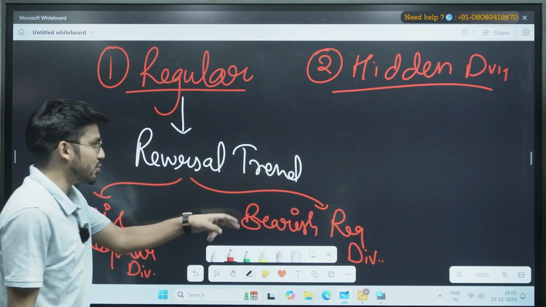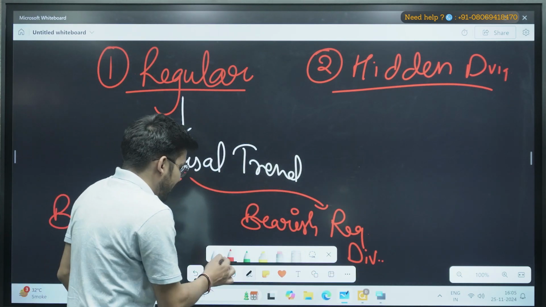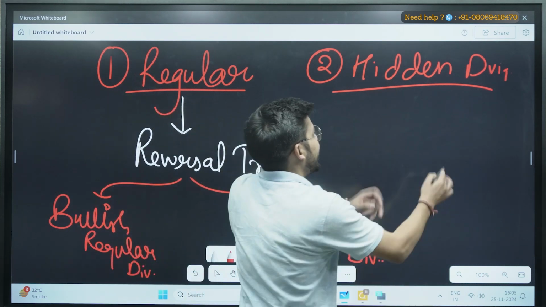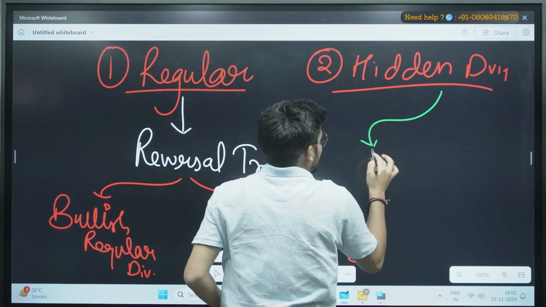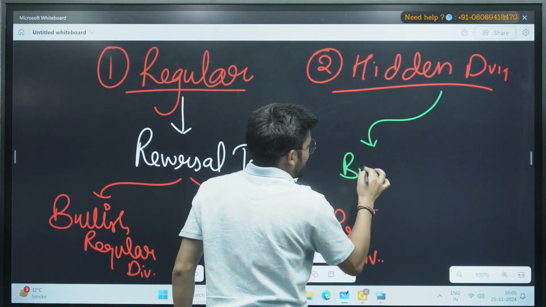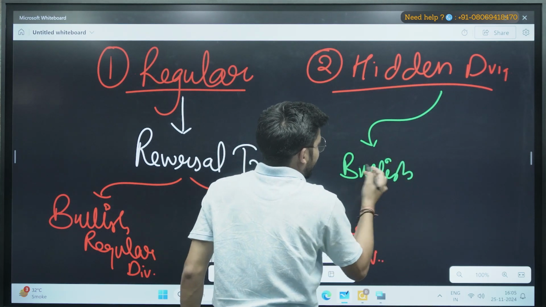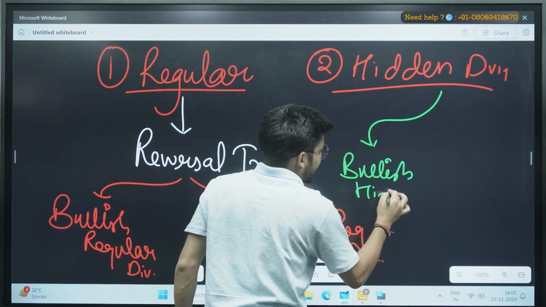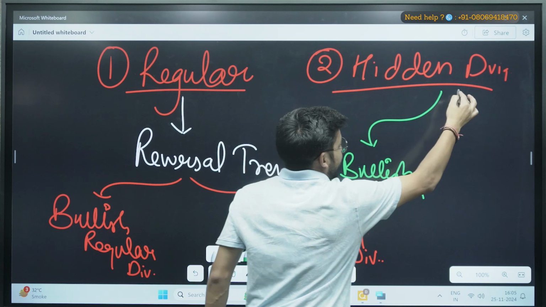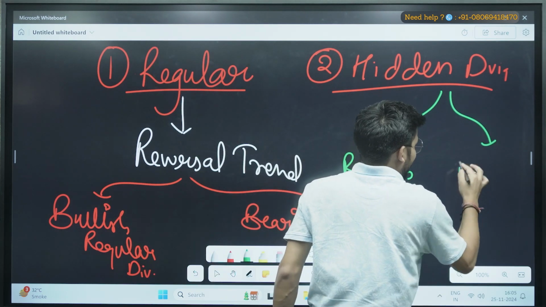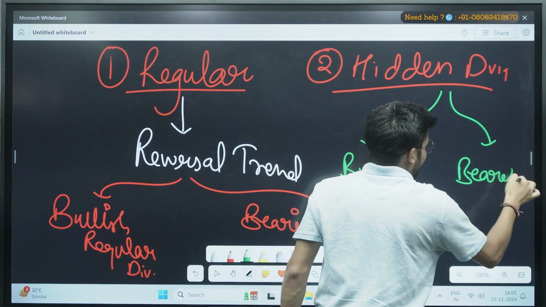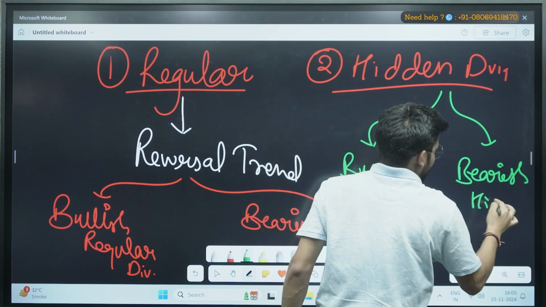Similarly, in hidden divergence we get bullish hidden divergence, and the next one will be bearish hidden.